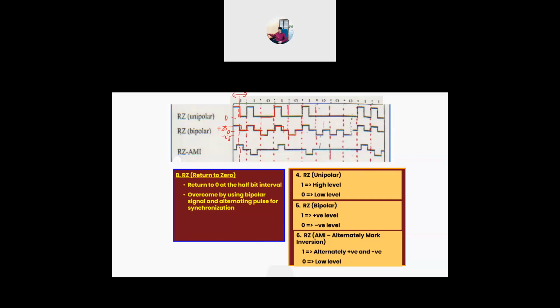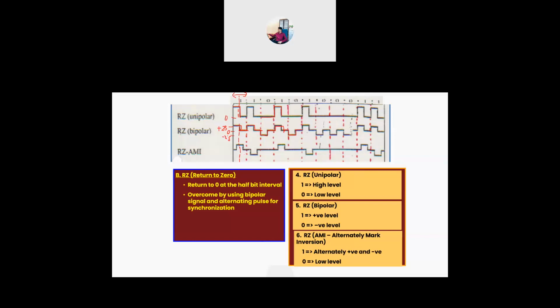So for 1, I think just now I already showed in the previous one, what is this alternate? So we have alternate or positive and negative. If the current one is in the positive, the next representation of the bit will be negative.